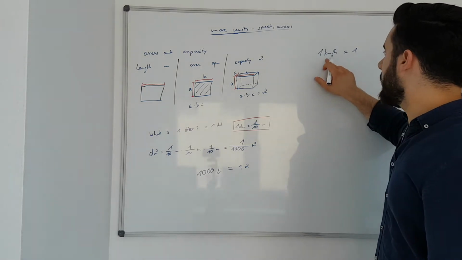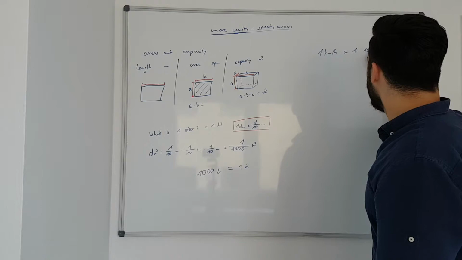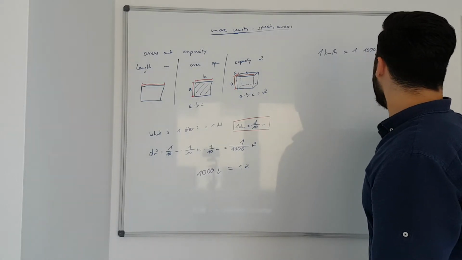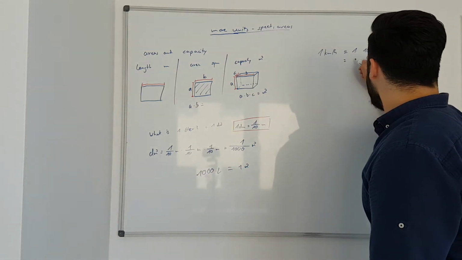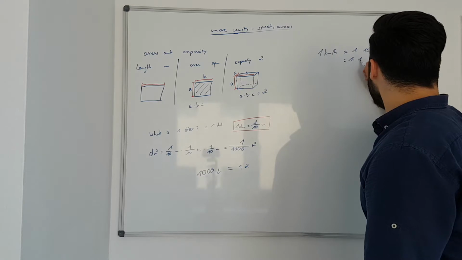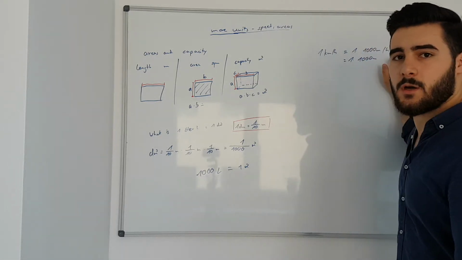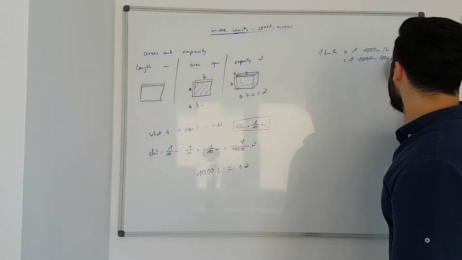So if you think about it, a kilometer, we said in the video before, is 1000 meters, divided by an hour. 1000 meters is something we will leave like that. Now we need to talk about the hour. 1 hour is 60 minutes, which is 3600 seconds.